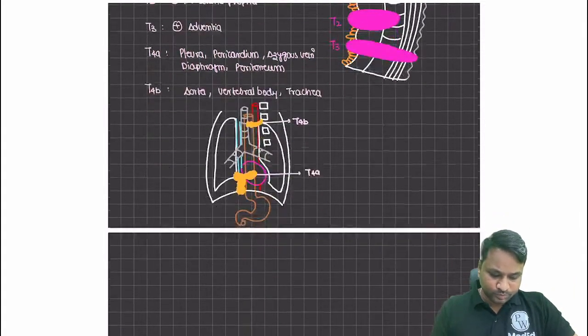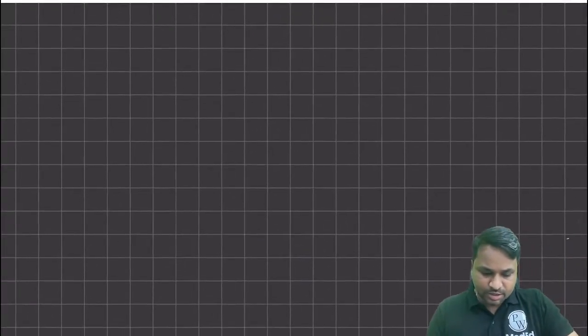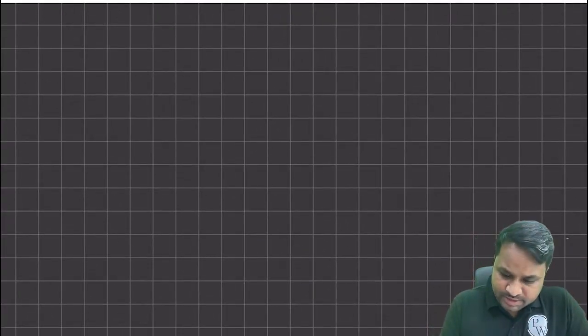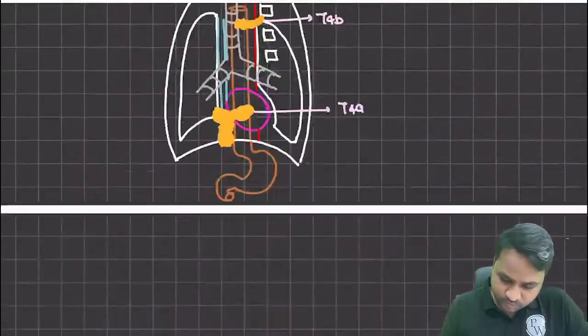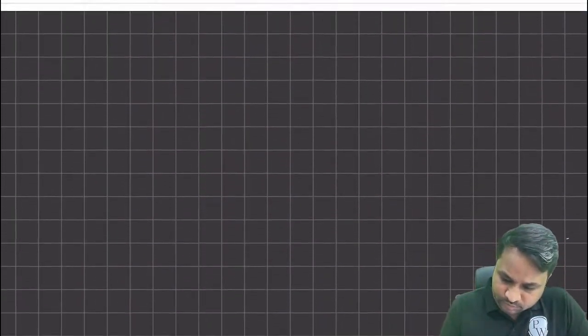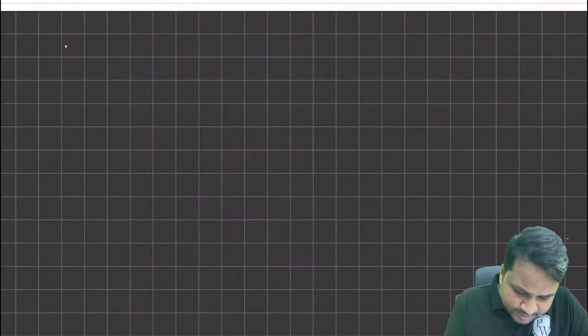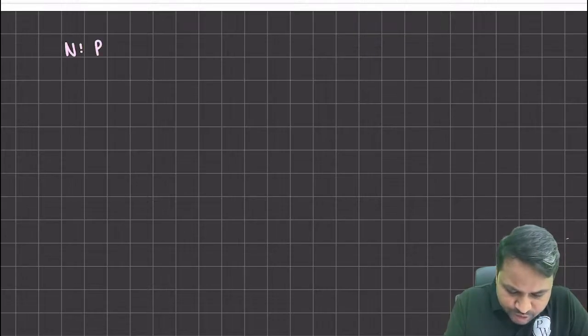Okay. So once you have known the T staging, let's go ahead with N staging of the disease, right? So when you look at the N staging, it is about the assessment of the regional lymph nodes.